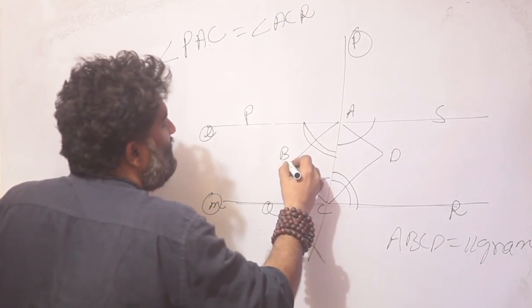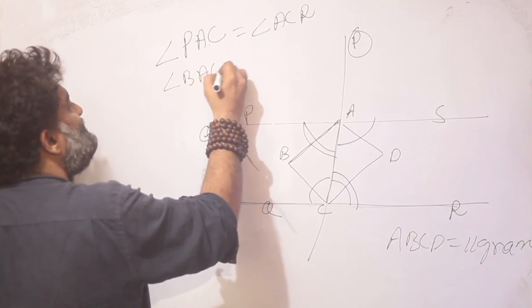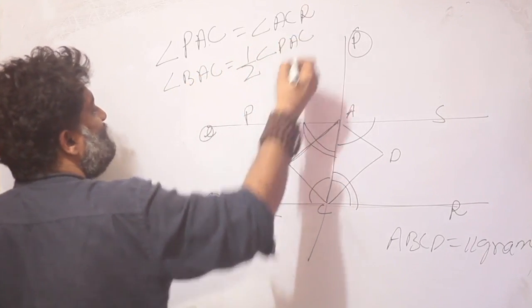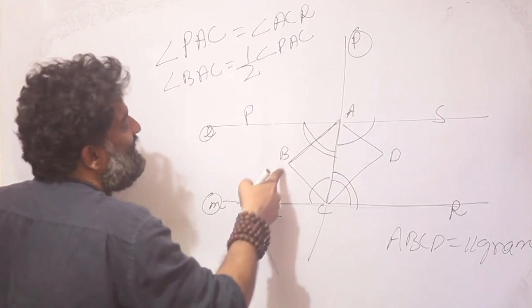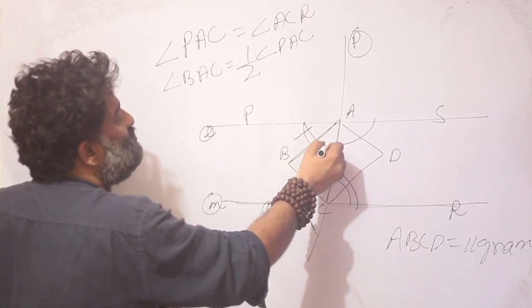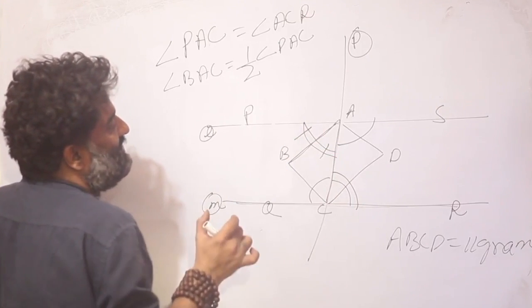Now angle BAC is going to be half of angle PAC. Why? Because AB is an angle bisector. So whatever this angle was got divided into two equal parts. So this part is going to be half of the big part, right?